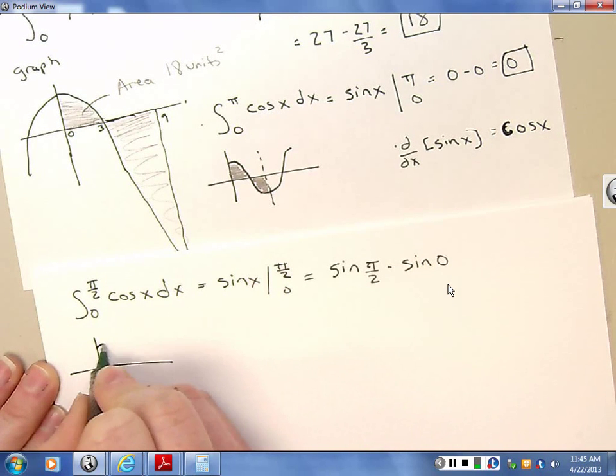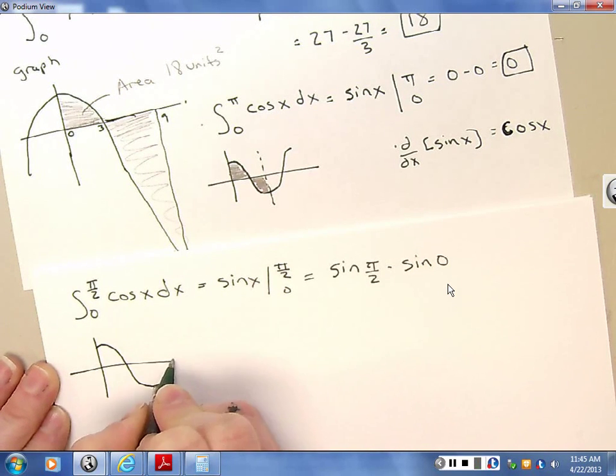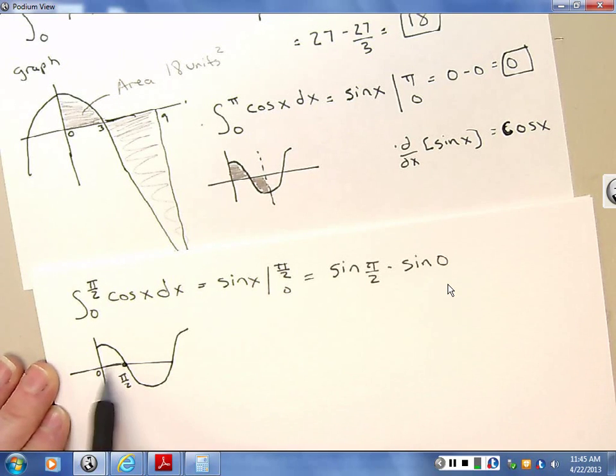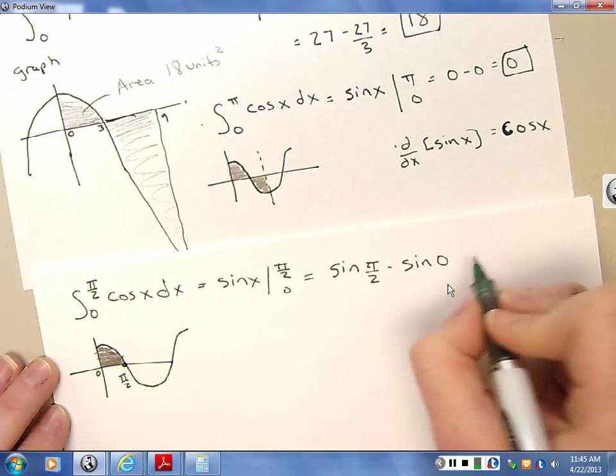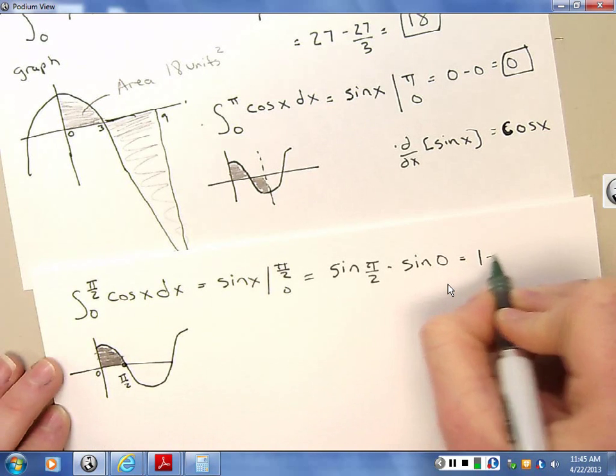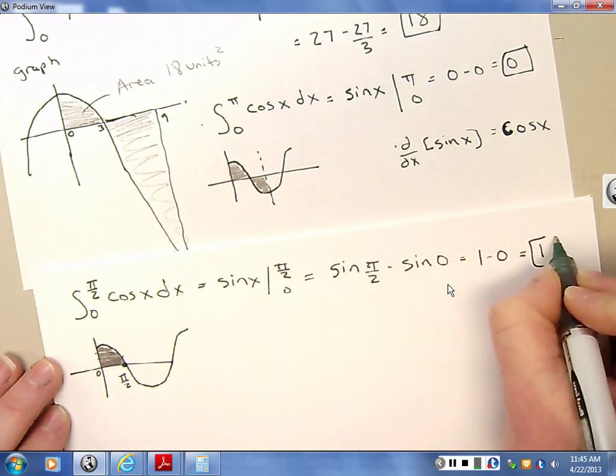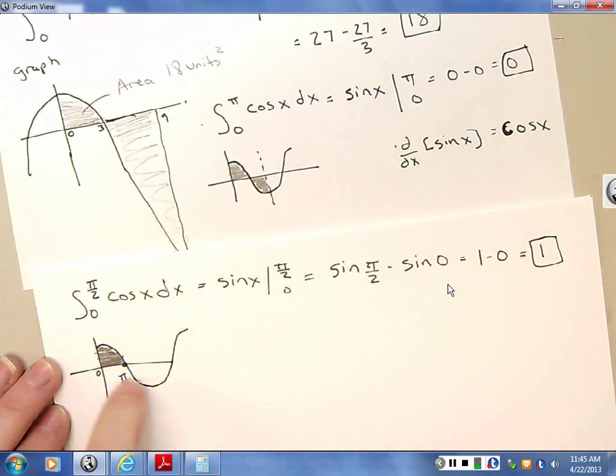So I would have 1 minus 0, which is 1. So the integral from 0 to pi over 2 of cosine is 1 unit squared.